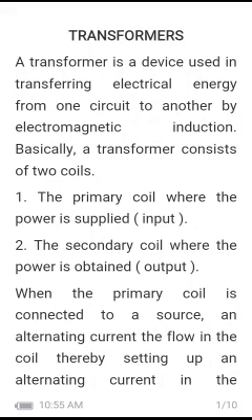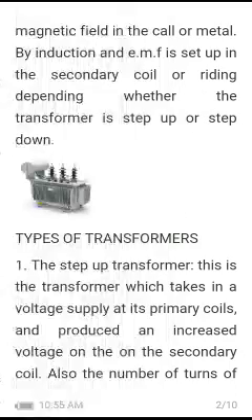When the primary coil is connected to an alternating current source, the current flows in the coil, thereby setting up an alternating magnetic field in the metal by induction.